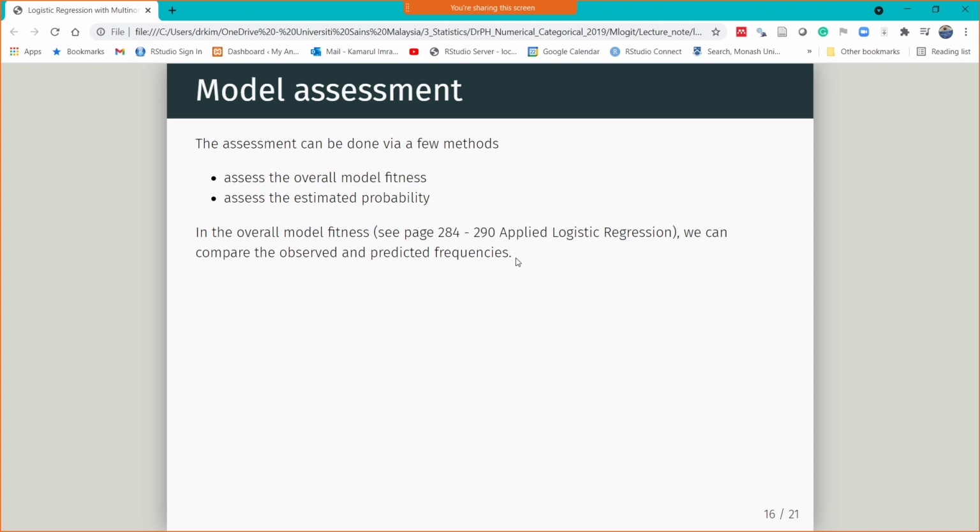Right. So, how to assess your model in logistic regression: there is the overall model fitness.